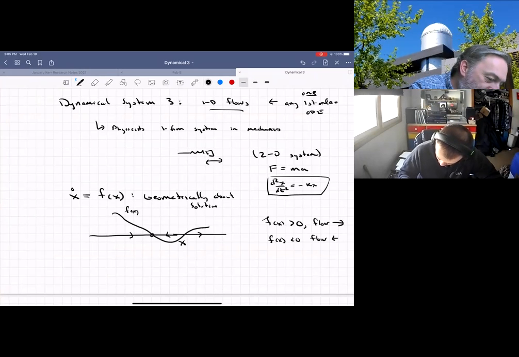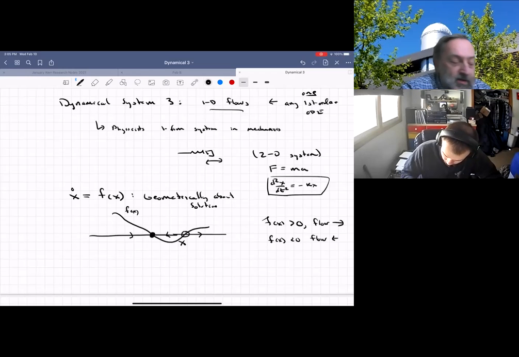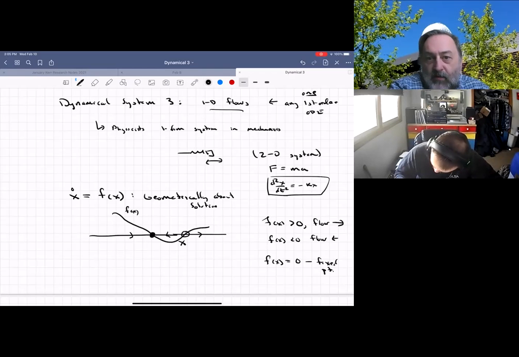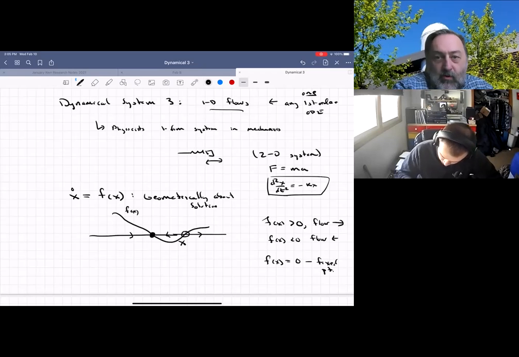And I'm going to make this point here be a solid dot. And I'm going to make a point here be an open dot. And we'll notice that if f of x is equal to 0, we're going to call this a fixed point. Because as far as the flow is concerned, if you started at that point, you wouldn't move. You would just stay there.